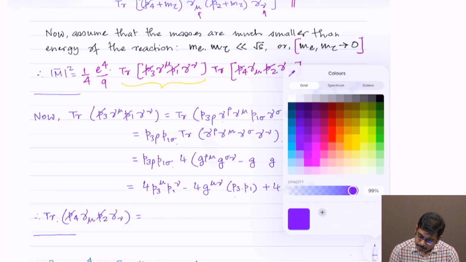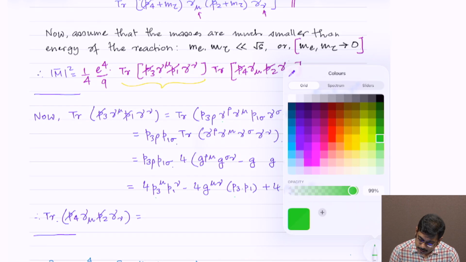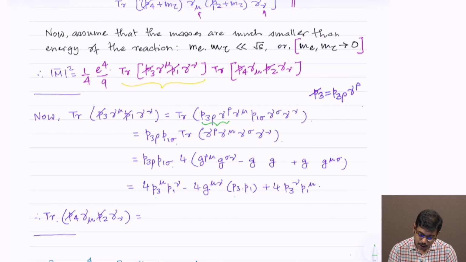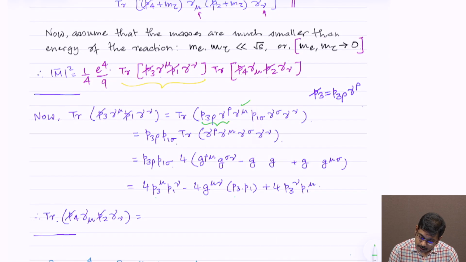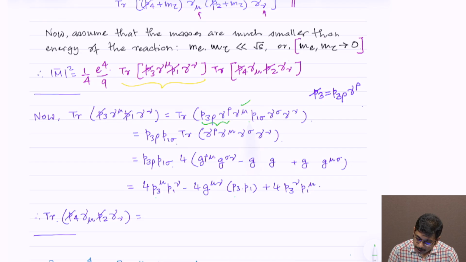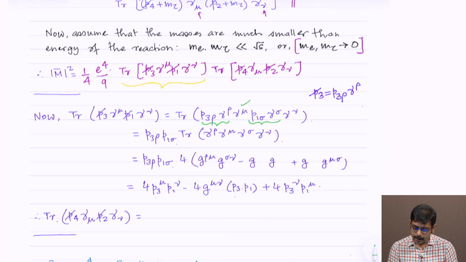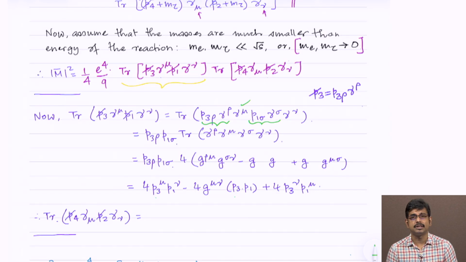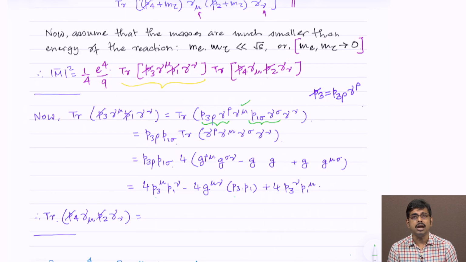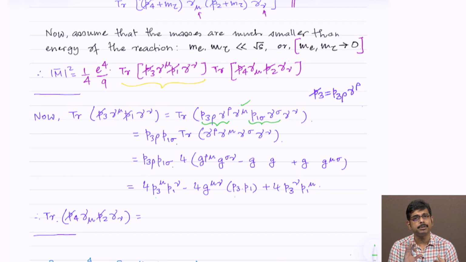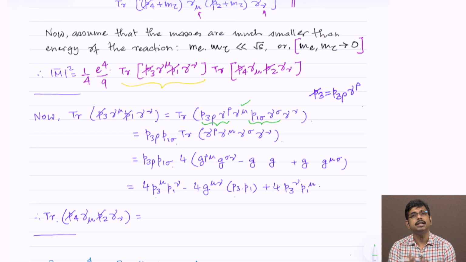So that's what precisely I'm writing: P3 rho gamma rho, gamma mu that was there, and then P1 slash I am writing as P1 sigma gamma sigma, then gamma nu. Now if you mess it up by writing a gamma matrix which has the same Lorentz index as mu or nu, that will spoil the whole calculation. So you cannot repeat it, because repeated indices have something very special. Those are repeated and summed over.